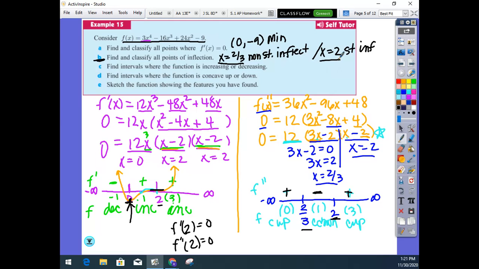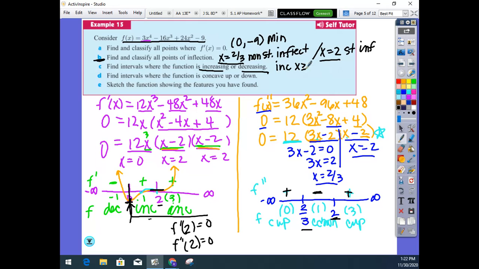Okay. All right. We're increasing, decreasing. That's where we come back to the sign chart for f prime. So it's increasing with all values greater than or equal to 0.